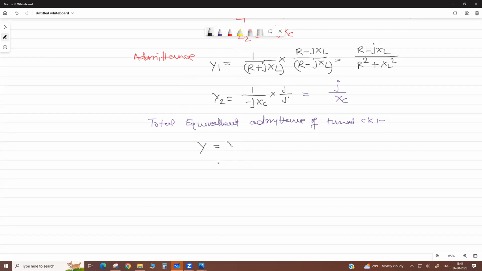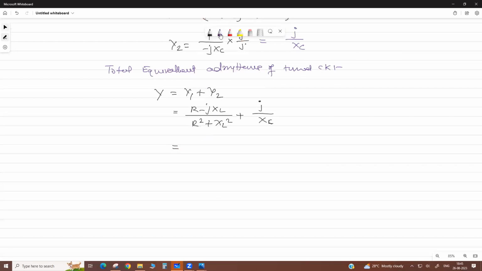So Y1 means R minus jXL by R square plus XL square, plus j by XC. Okay, please. Then we calculate. It is the total admittance of the circuit.